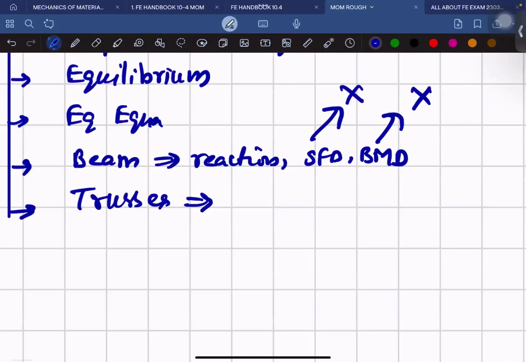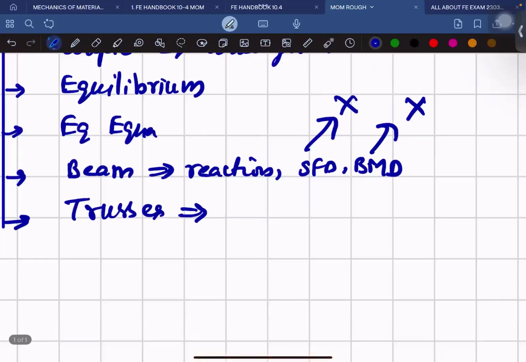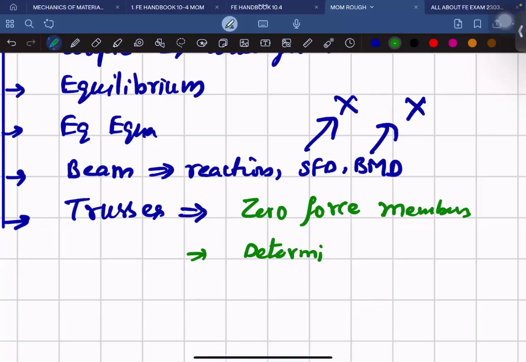In the trusses, what did we basically study? Resultant forces acting on nodes. In trusses, we tried to recognize zero force members, which are not taking any load, and we also studied determinate and indeterminate structures.